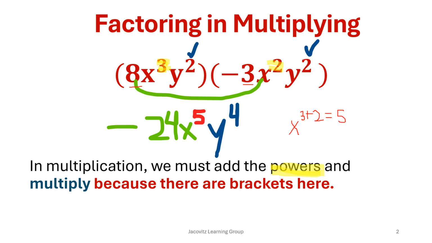This is x to the 5th, and this is a y here, but it's y to the 2nd power here, plus y to the 2nd power on the other side. So that soon becomes y to the 4th power. And this is x to the 5th power. That's how they're written. So you have negative 24, x to the 5th, y to the 4th.